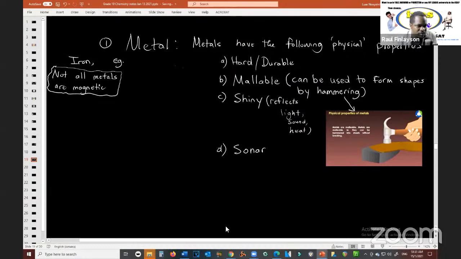When you hit it, it's going to make a sound, like hitting two pot covers together, like on election day or New Year's Day. Sonorous means that it makes a resonating sound, a sound that vibrates in our ears.